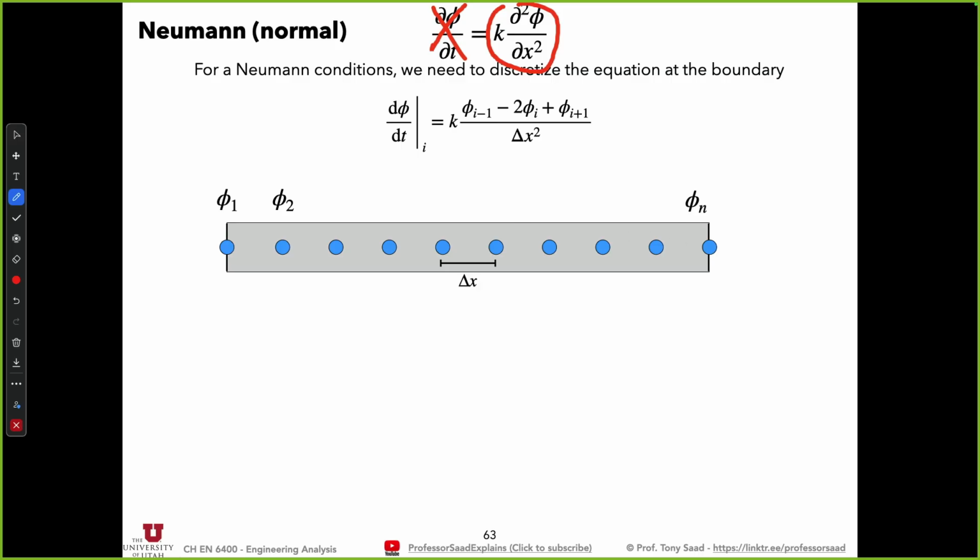So if we do that, we have this kind of specification at the boundary. The Neumann condition is always normal to the boundary. So if your boundary is perpendicular to the y-axis, then your Neumann condition is d phi by dy. If your boundary is perpendicular to the z-axis, it will be d phi by dz. Why?